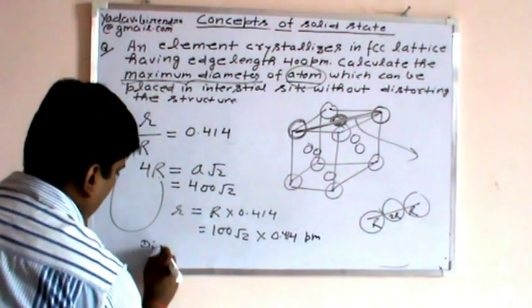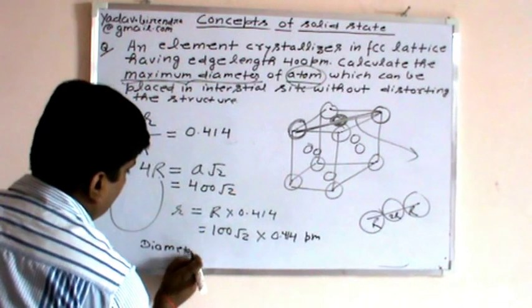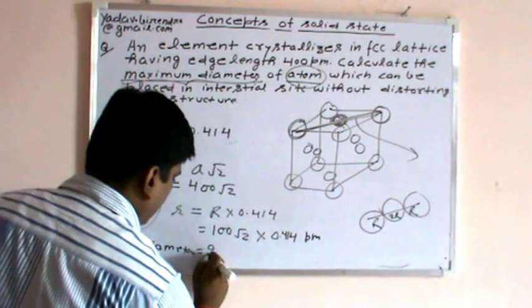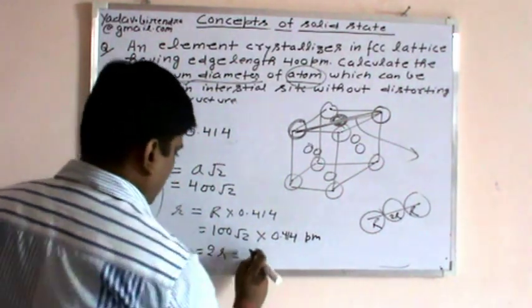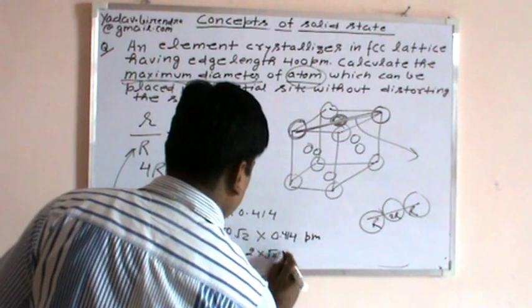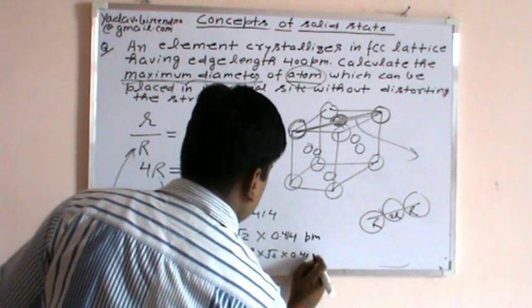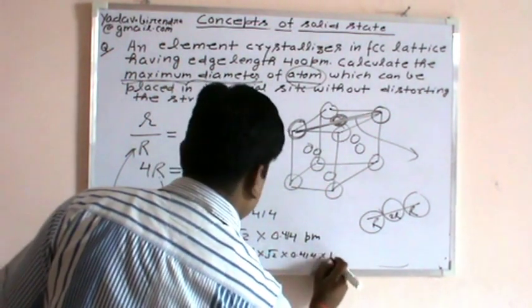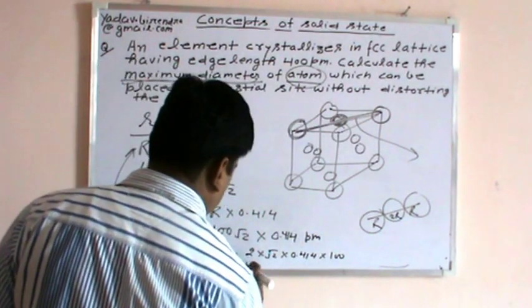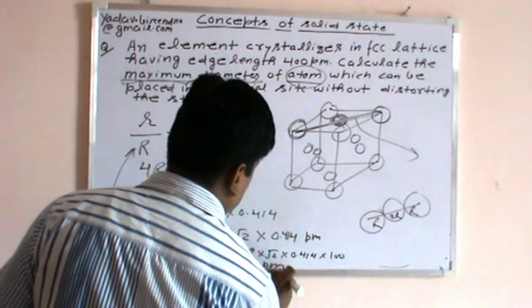So the diameter of the atom which can be placed in the octahedral void will be 2r. It will be 2 into root 2 into 0.414 into 100. If we solve this, we get approximately 117 picometer.